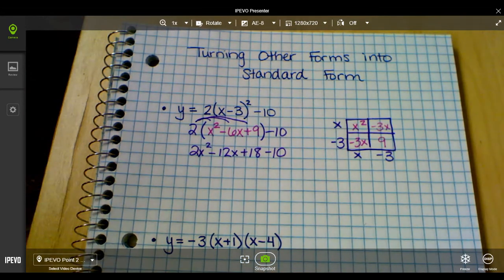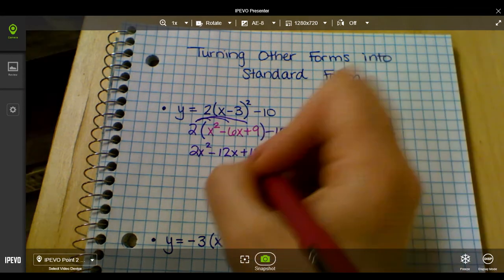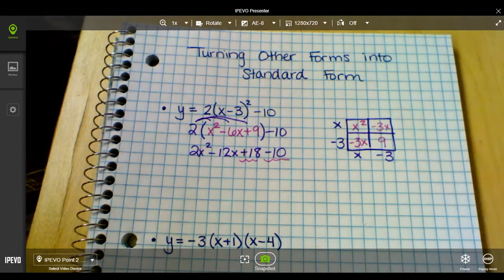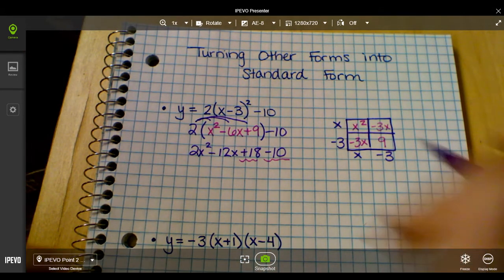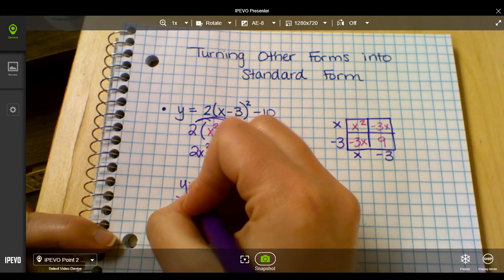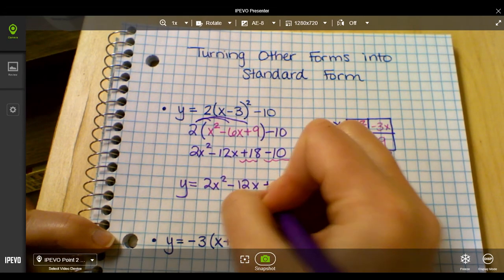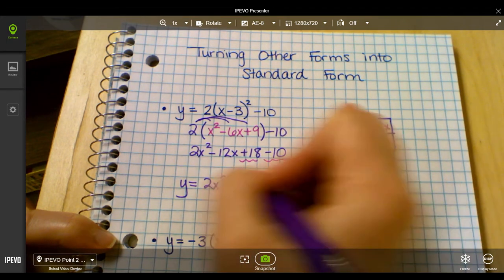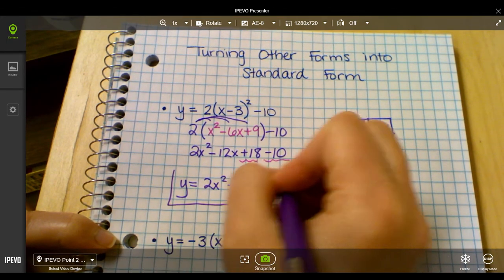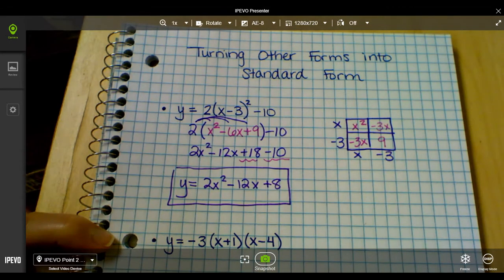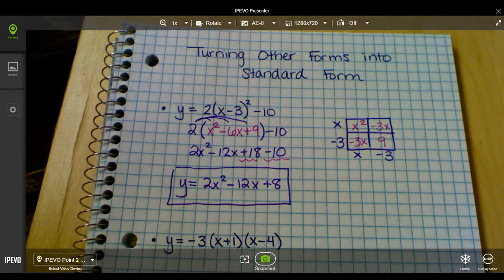And then we still have that minus 10 at the very end. And then all we have to do is combine like terms. I'm going to bring the y back down into this. y equals 2x squared minus 12x. And then 18 minus 10 is just 8. And there you have it. That is standard form, ABC.